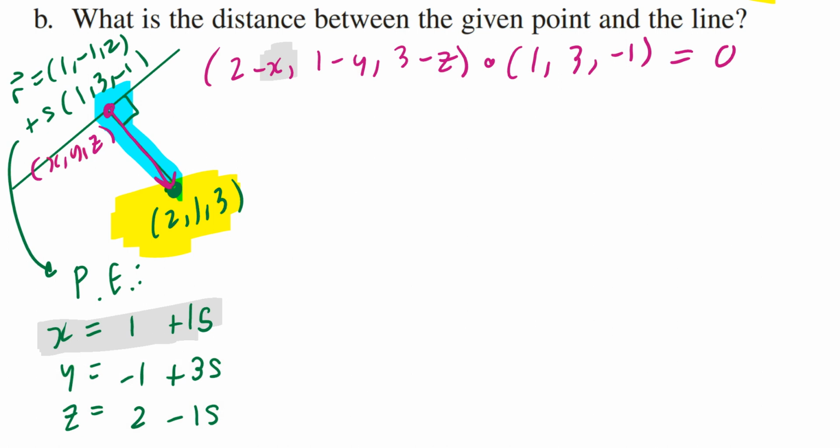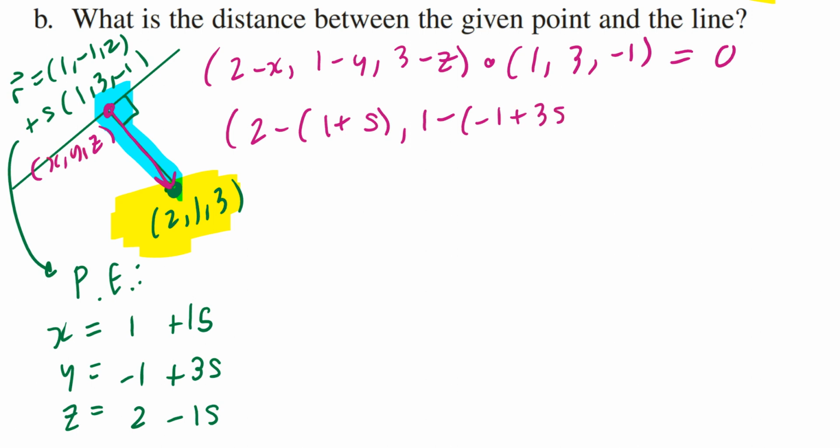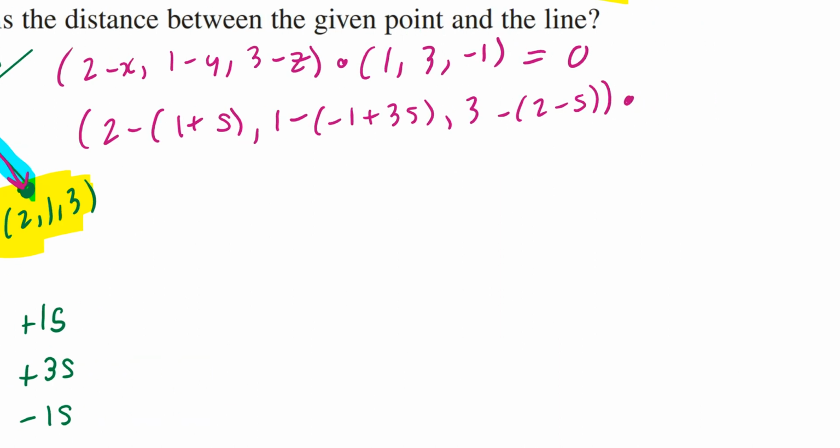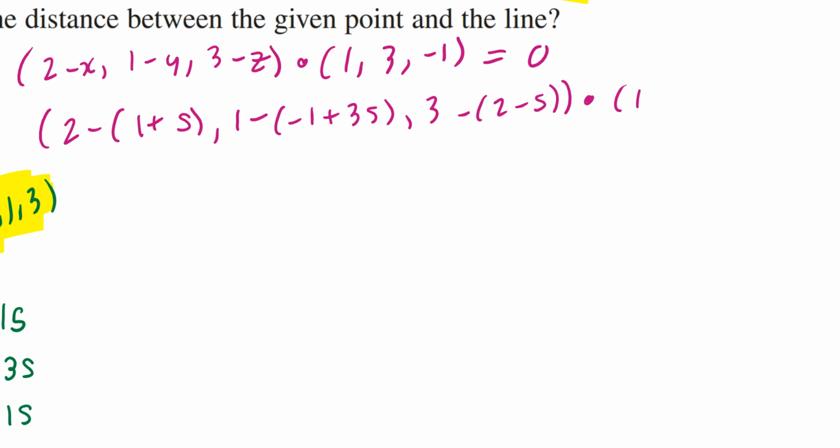So what that means is, instead of writing down 2 minus x, it's going to be 2 minus in brackets 1 plus s. Instead of 1 minus y, it's going to be 1 minus in brackets negative 1 plus 3s. Instead of 3 minus z, it's going to be 3 minus in brackets 2 minus s. Dot it into 1, 3, negative 1.